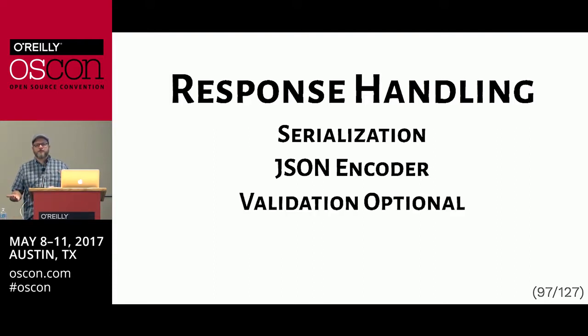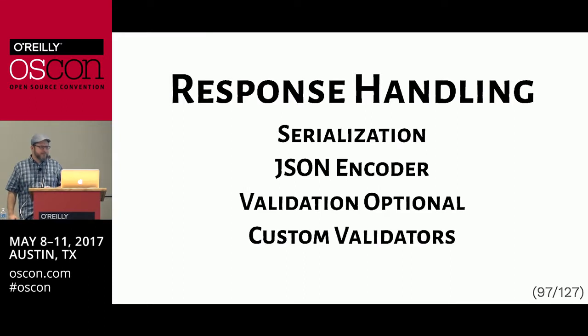It can optionally do validation on the output. So this is off by default, but if you turn it on, the server will actually produce an error if your code would have emitted something that didn't match the spec. And again, you can also subclass the validators so that they can be customized.